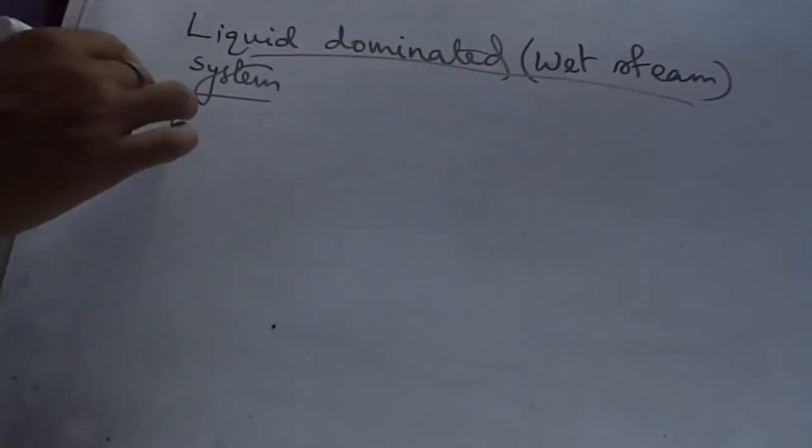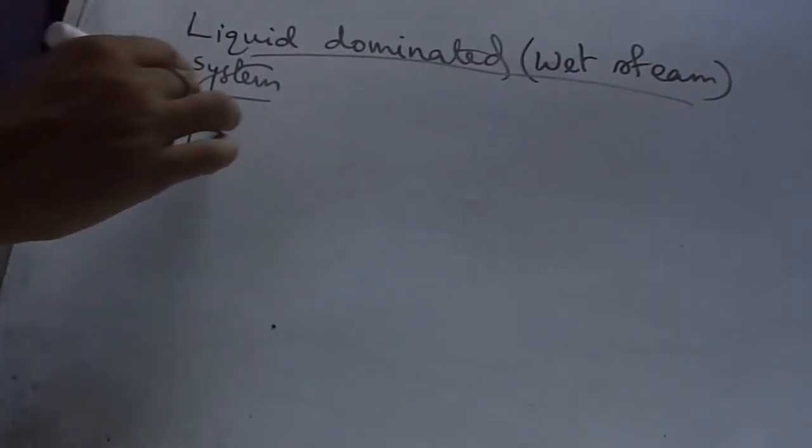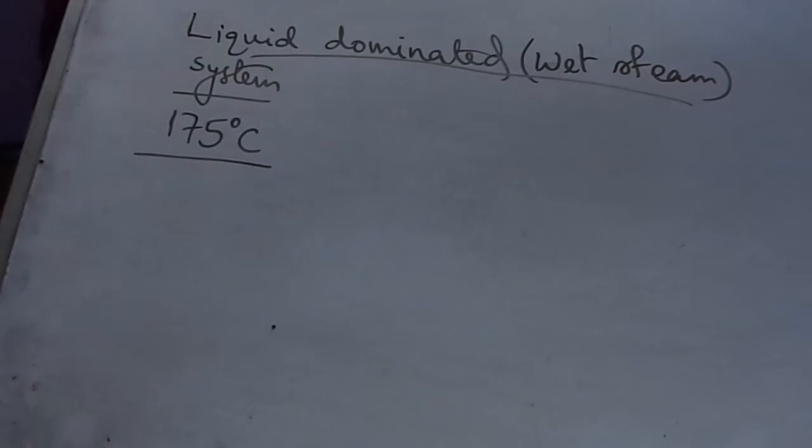Steam plants offer the most cost effective technology when the resource temperature is above about 175 degrees centigrade. However, it is under high pressure and remains in liquid state.